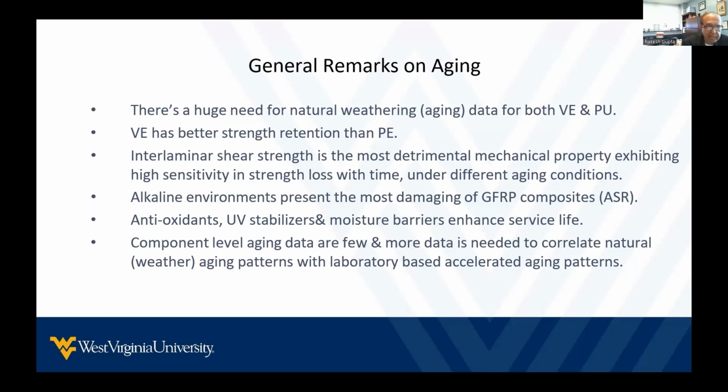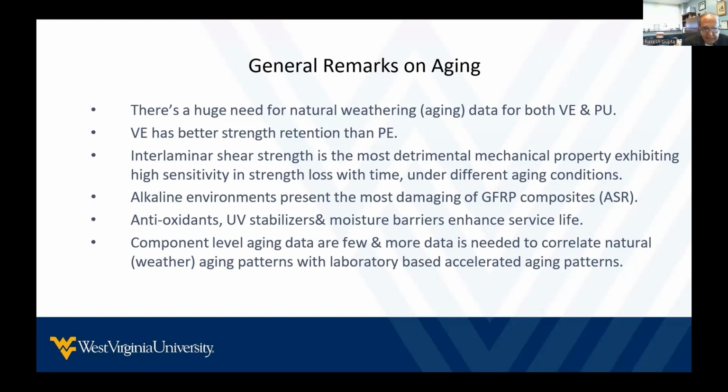It is found that vinyl ester has better strength retention than polyester, and it is found that the mode of deformation that is very useful to examine is interlaminar shear strength, because this depends on the properties of both the matrix and the reinforcement.